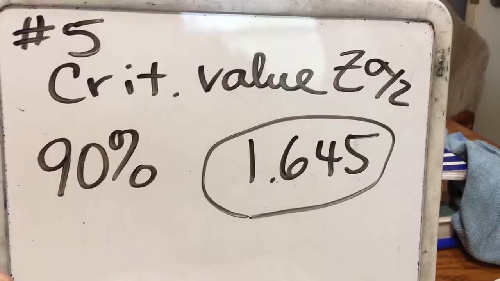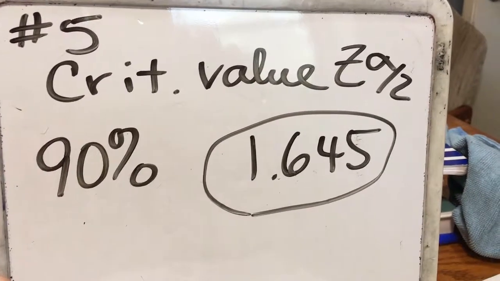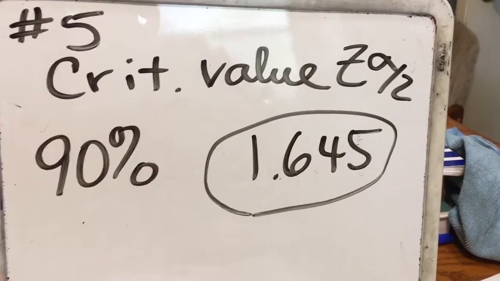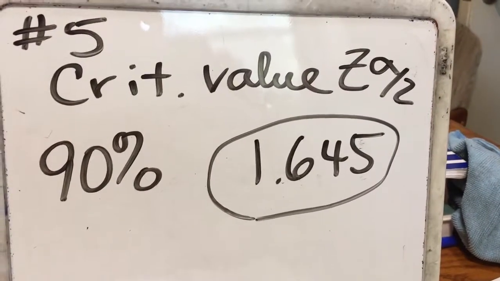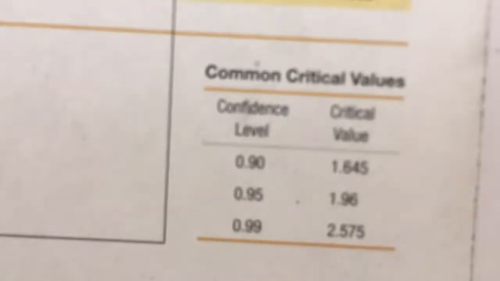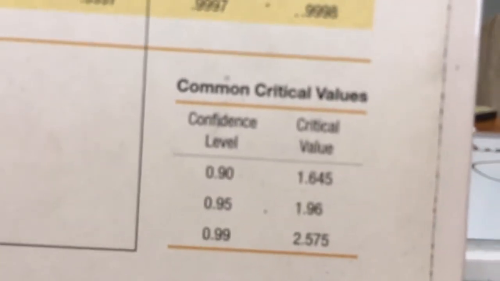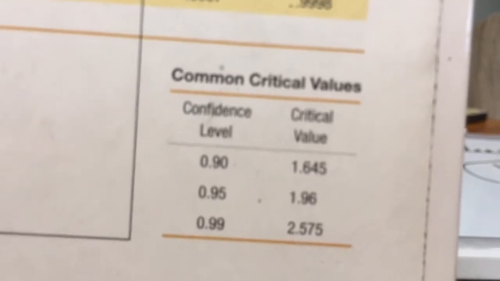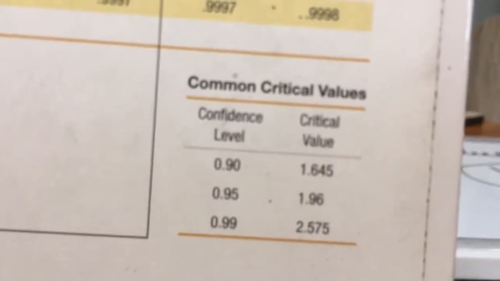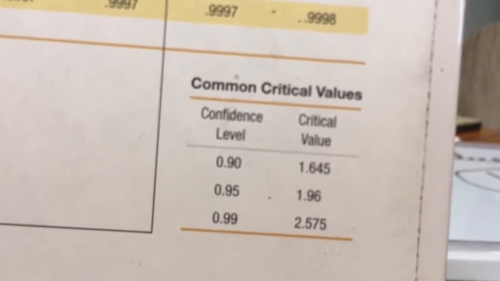Number 5 is extremely easy. We're told to find the critical value z alpha over 2 for a 90% confidence level, and we have a little chart for that. It's right down here at the bottom of my z normal table. You can see that for 90%, it's 1.645.